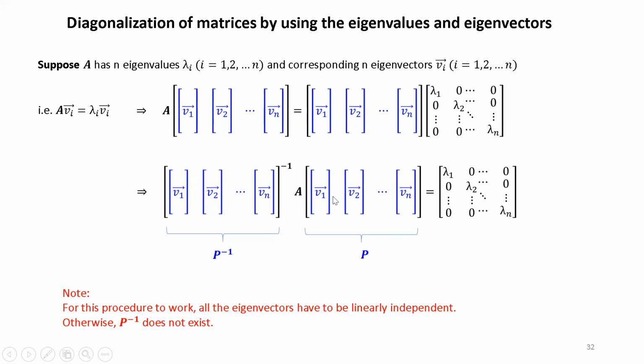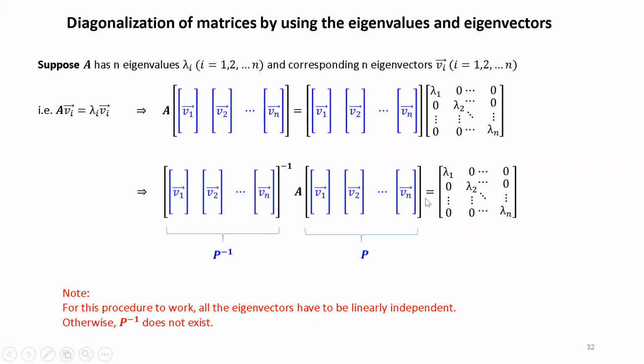And I just told you that sometimes the diagonalization won't work. When would that happen? It will happen when you don't have P inverse. If you don't have P inverse, then this procedure won't work.